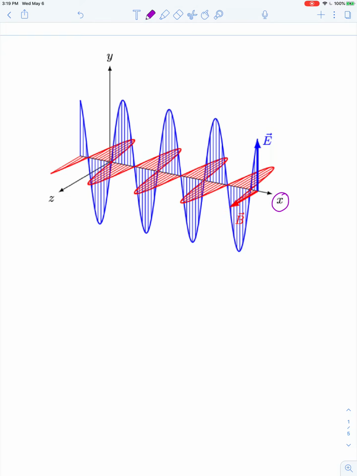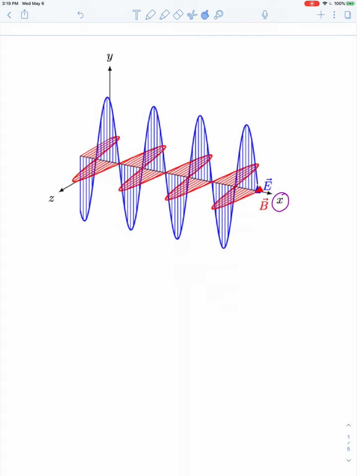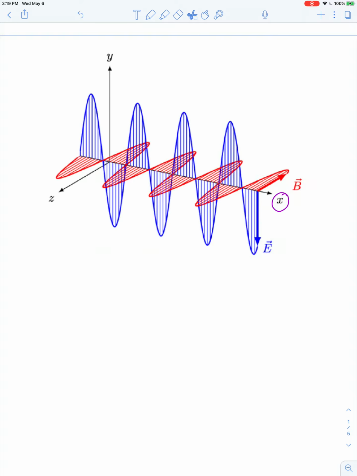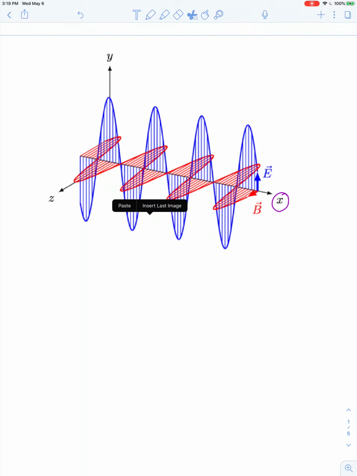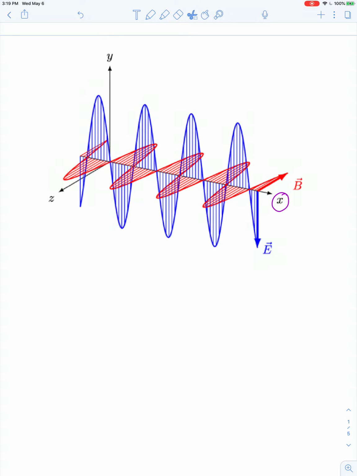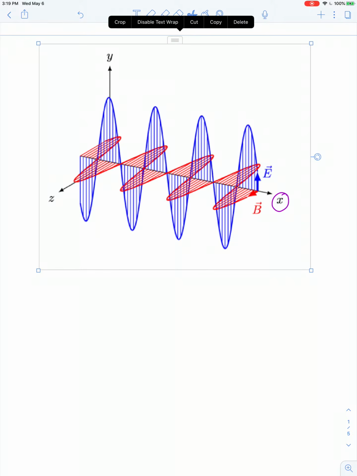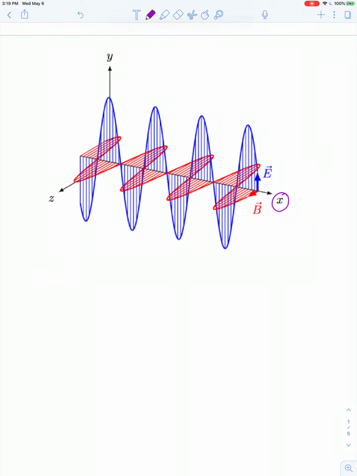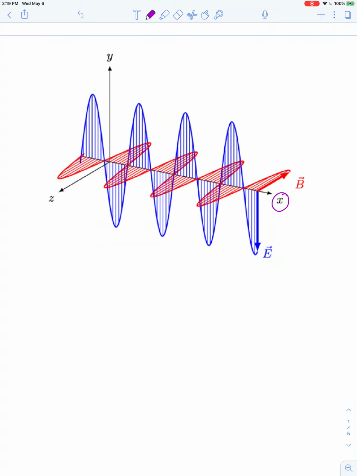Now we can freeze this for just a moment here. If we freeze it right there, then the electric field appears to be a graph of cosine. Let's do that one more time, right there. Yeah, the blue vectors are tracing out a graph of cosine, right? And there it is, back to animated.